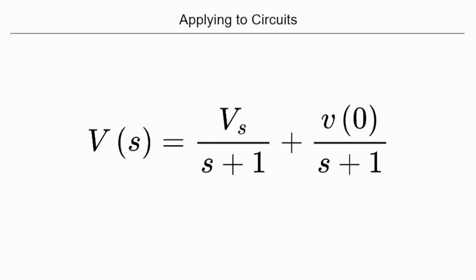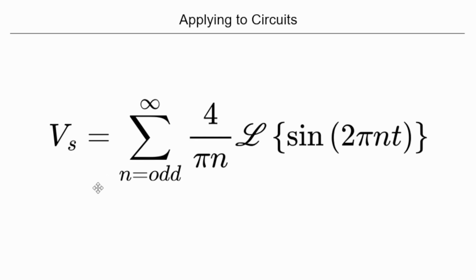Simplifying it a bit, we get this. And now our capital V of s equals this. So we just have to take the inverse Laplace transform to get our original v of t. But first, what is our capital V of s? Well, this is the Laplace transform of lowercase v of s.